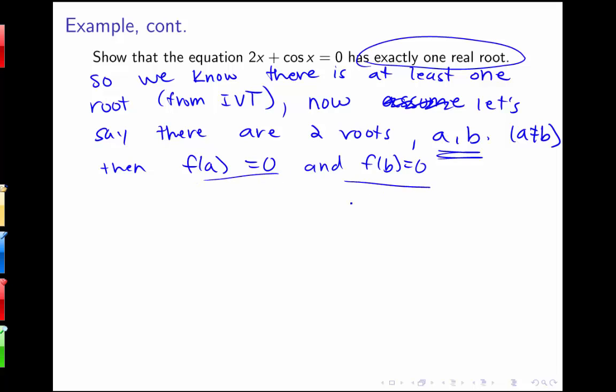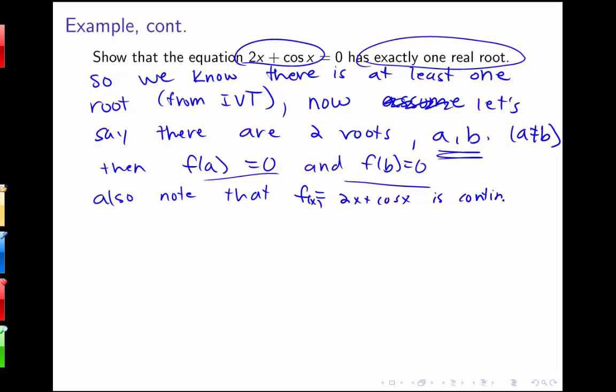Remember, that's one of our hypotheses of Rolle's theorem: that the y values at our two endpoints are equal to each other. Also note that our function f, f equals 2x plus cosine x, is continuous on an interval AB, since it's continuous everywhere, and it's also differentiable on AB.